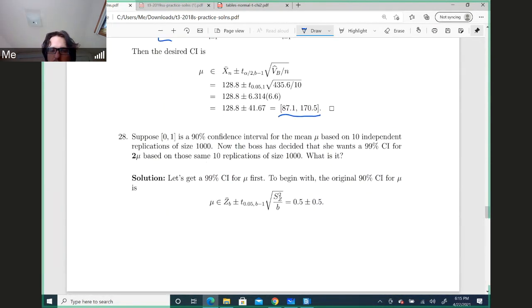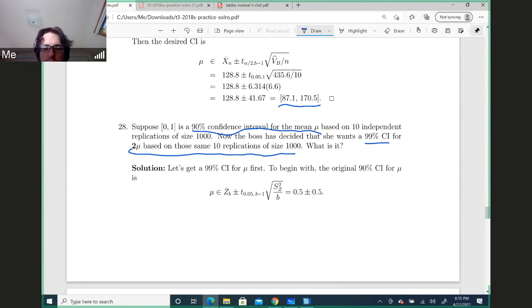Cool. Next question. Suppose you have a 90% confidence interval for the mean mu, and now they've decided that they want a 99% confidence interval for 2 mu based on those same 10 replications of size 1000. And this is kind of an algebra problem, really.